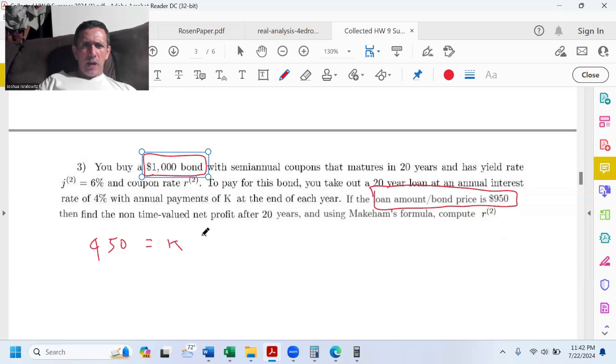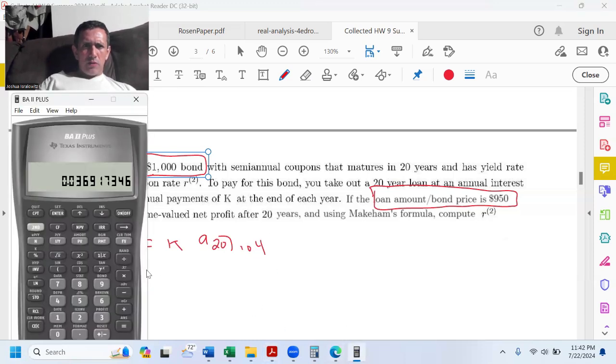So K times the annuity-immediate at an annual interest rate of 4%, 20 years, annual payments of K. Whoops, we're already out of begin mode.